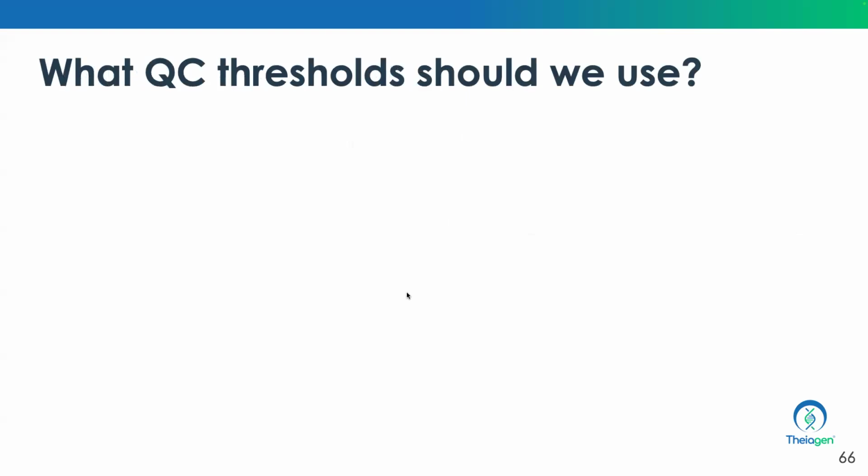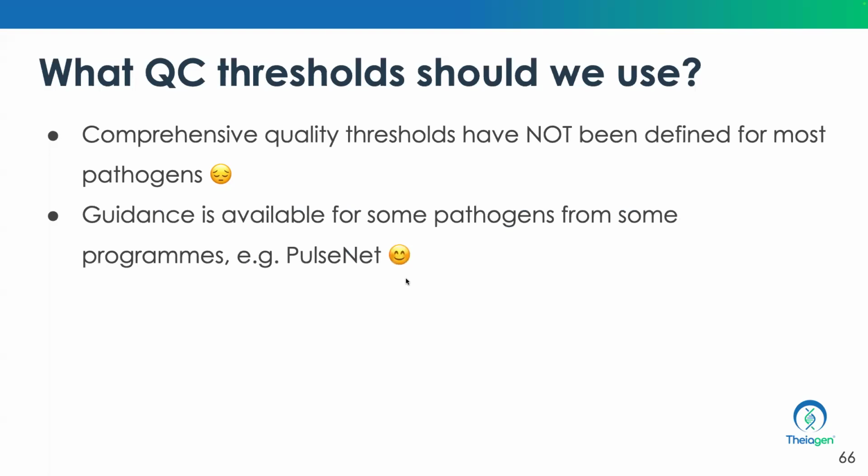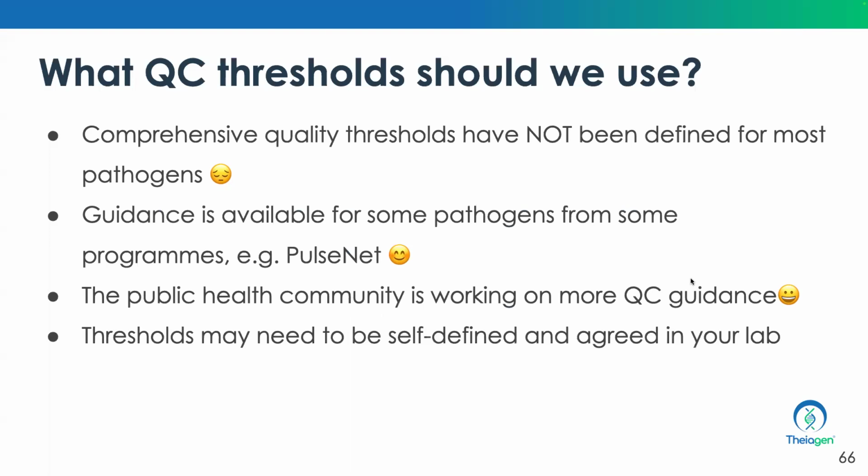Again, QC threshold. So what does this mean? Unfortunately, comprehensive QC thresholds have not been defined for most pathogens. Some have been. For example, PulseNet has a few QC thresholds for the pathogens that they look at. And the public health community is working on more QC guidance.